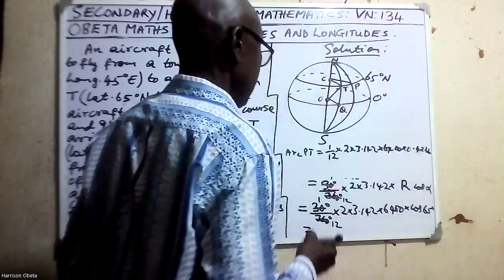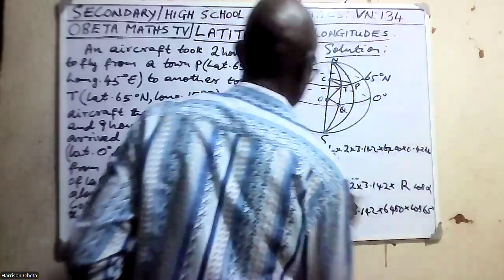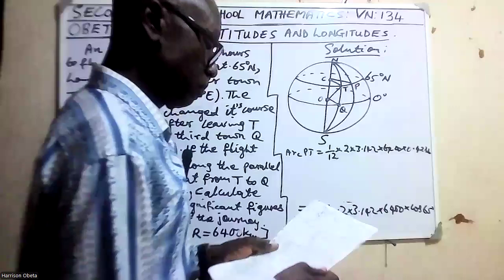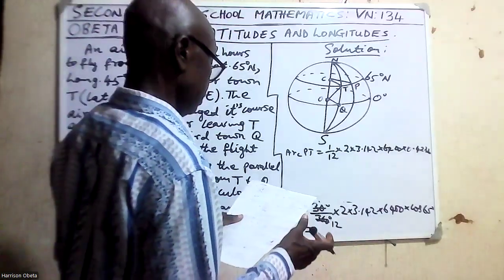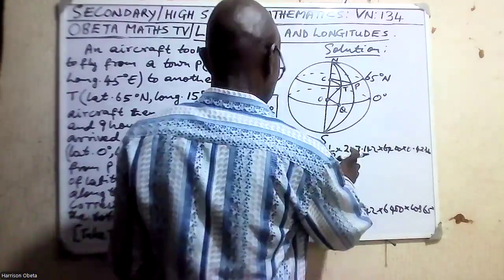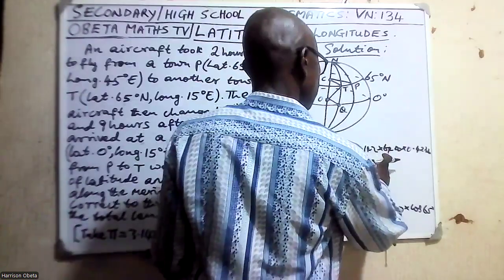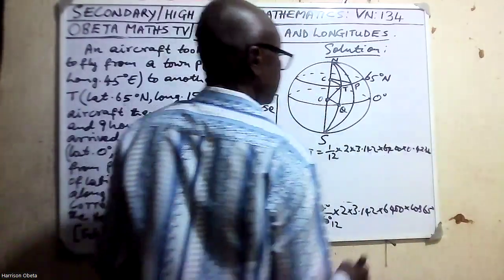Okay. And then moving on now, we have to multiply that out, and that will give us 2 times 3.142 times 6,400 times 0.4226.